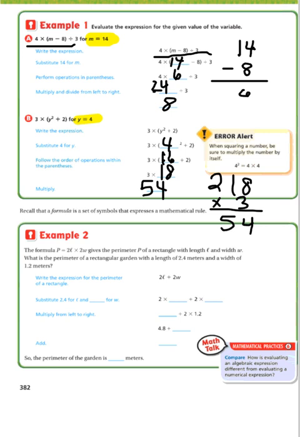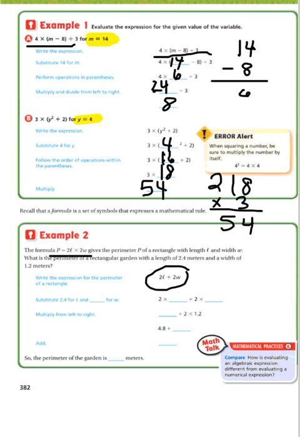Write the expression for the perimeter of a rectangle. So no matter how long your story problem is, go back up and look for the regular formula. Look at the formula that they give you that you're going to use to plug in your numbers. Take that formula and put it down at the bottom. They already have it there for you, but they won't always do it for you.